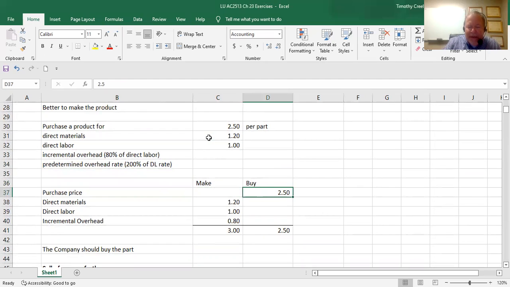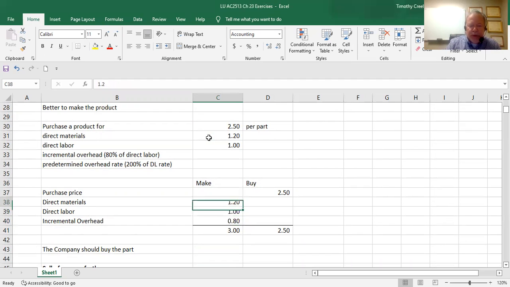Basically, if we decide to buy, that's going to be $250 per unit purchase price. And then if we decide to make, direct materials of 120, direct labor of 1, and incremental overhead of 80. And again, the incremental overhead is always what we look at with these decisions, because that would be the overhead that would change if we decided to buy.